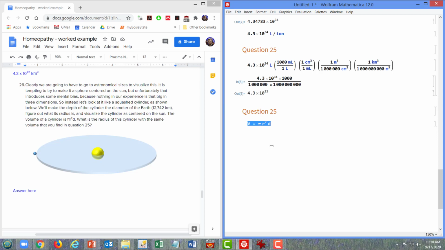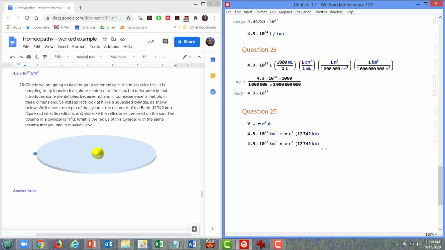Okay, so I'm going to put this in for the volume. Okay, 10 to the 22nd cubic kilometers. Pi we know, and we're given the depth to use, which we're using the diameter of the Earth. So this is going to be 12,742 kilometers.